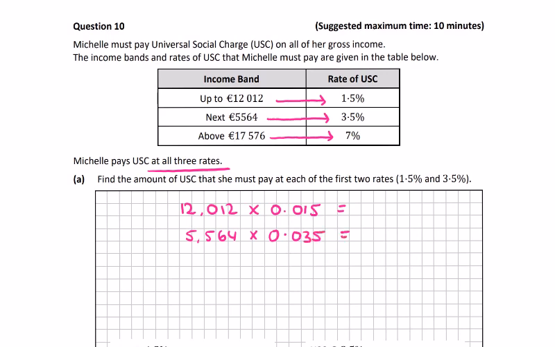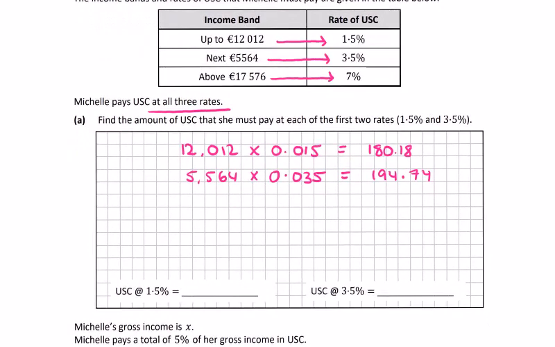So just calculator use for these two. I'm getting 180.18 and 194.74. And there are spaces to write them in, so stick them in.